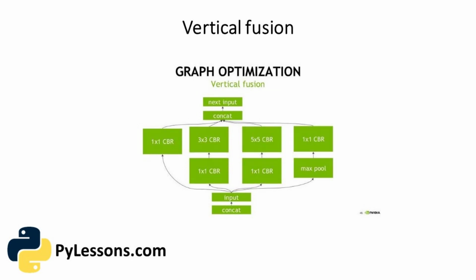The next figure explains the vertical fusion optimization that TensorRT does. Convolution, bias, and activation functions, ReLU for example, respectively is called CBR, as you can see, and all these layers are collapsed into one single node. This would mean a single CUDA kernel launch for C, B, and R.